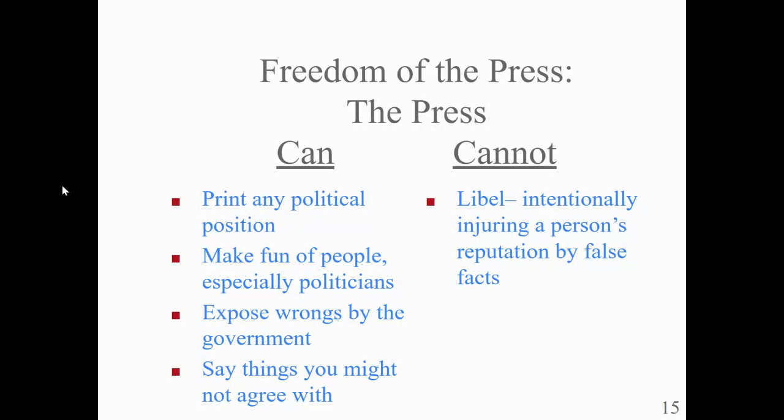If you follow along with things today, you'll know that that is a pretty big issue within our society right now. And again, the press cannot disclose any classified government secrets. So anything that is classified, tried to keep private by the government, the freedom of the press is not allowed to post those things.